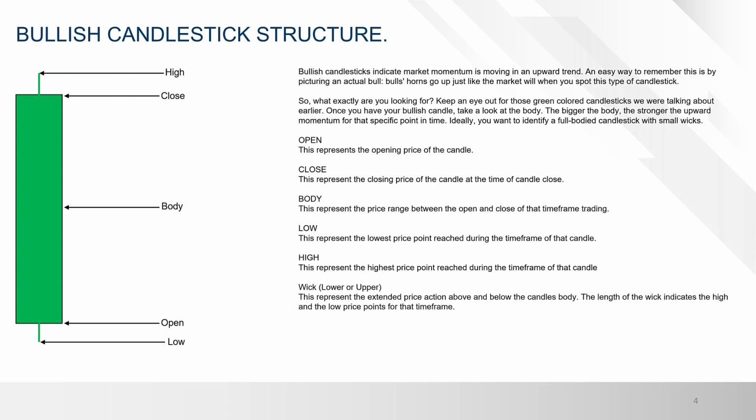Then we've got the high, which represents the highest price point reached during the time frame of that candle. Then we have the upper wick and the lower wick. These represent the extended price action above and below the candle's body. The length of the wick indicates the high and the low price points for that time frame.